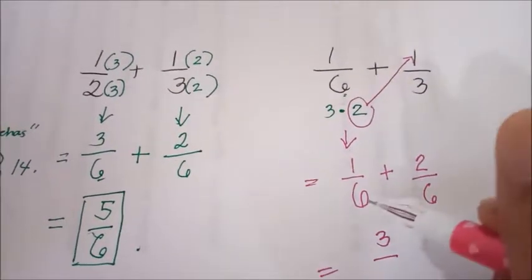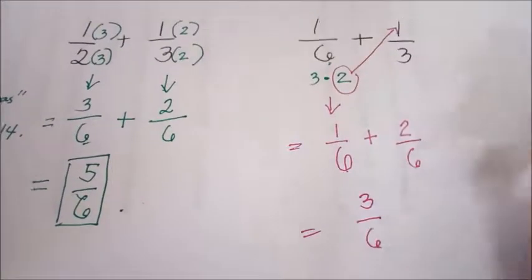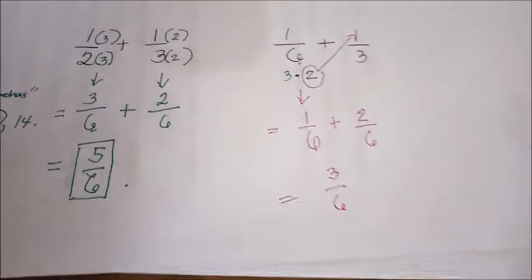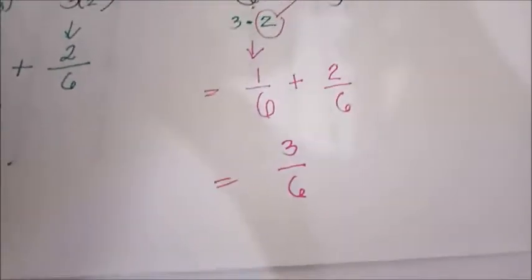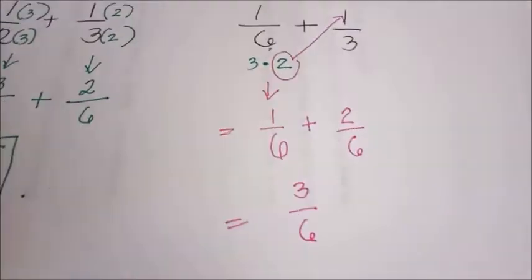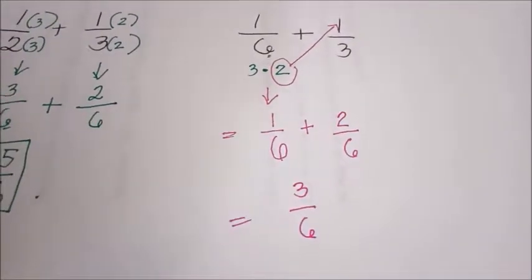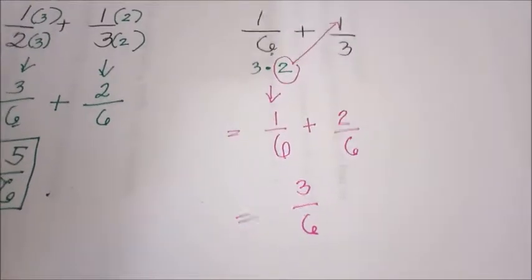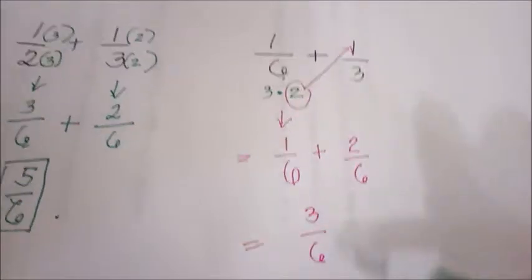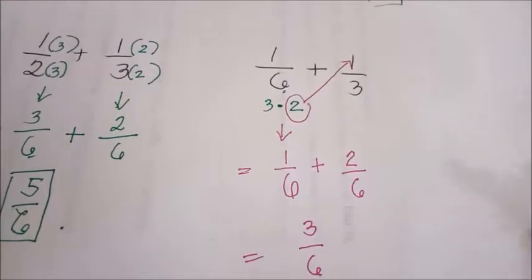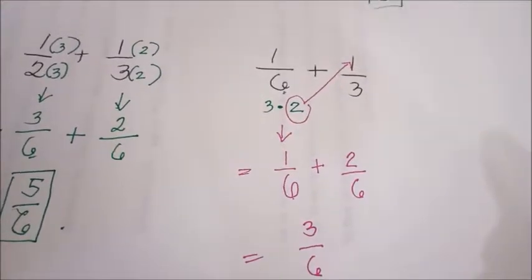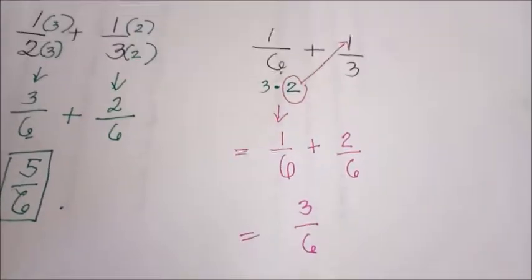And because they are now similar fractions, copy the denominator. Now, 3/6. Can we still reduce it to lowest terms? If your answer is yes, then you're correct. 3 and 6 are both divisible by what? By 3.